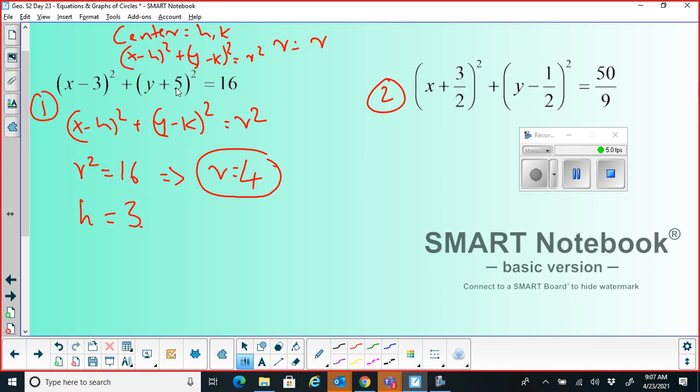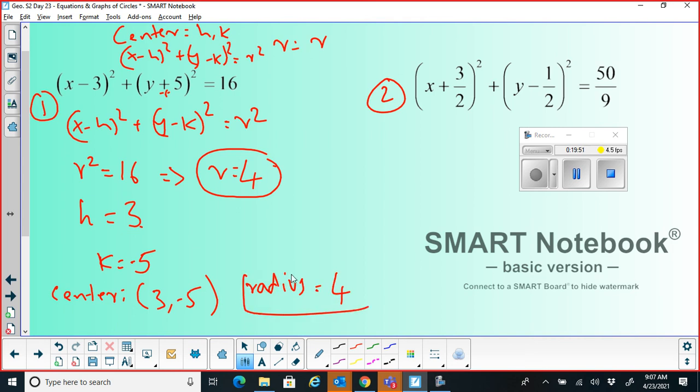In place of k I have negative 5, because I can write it as minus of negative 5 to make it plus. So this should be our center. So the center is 3 comma negative 5 and the radius is 4. I hope this is clear.